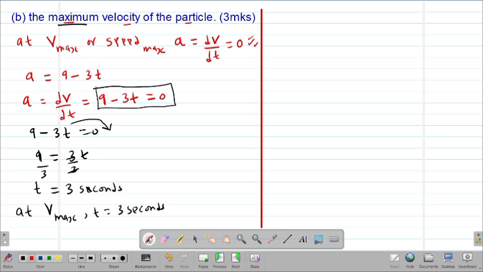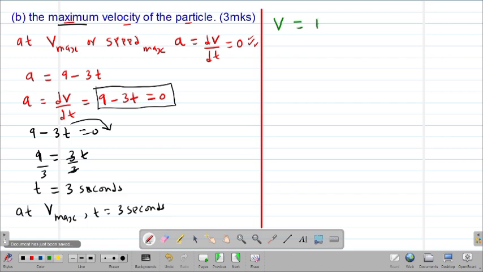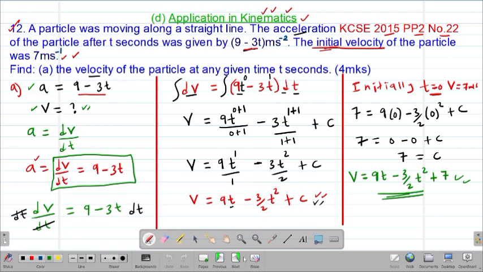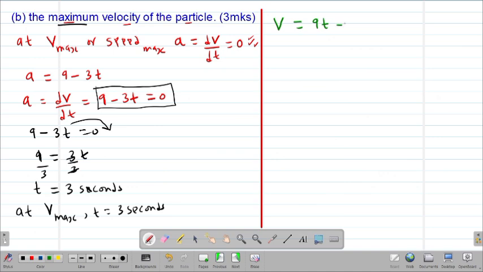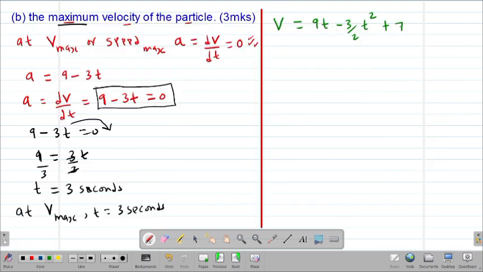Now that we have the time, and remember we already have the equation for the velocity, so the velocity of the particle at any given time t was given by this equation here, which was 9t, then of course minus 3 over 2 t squared, then of course plus 7, which was our constant.